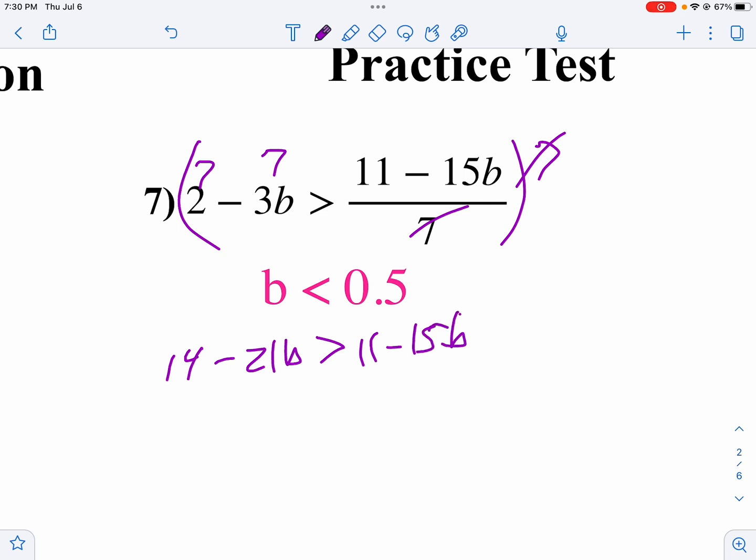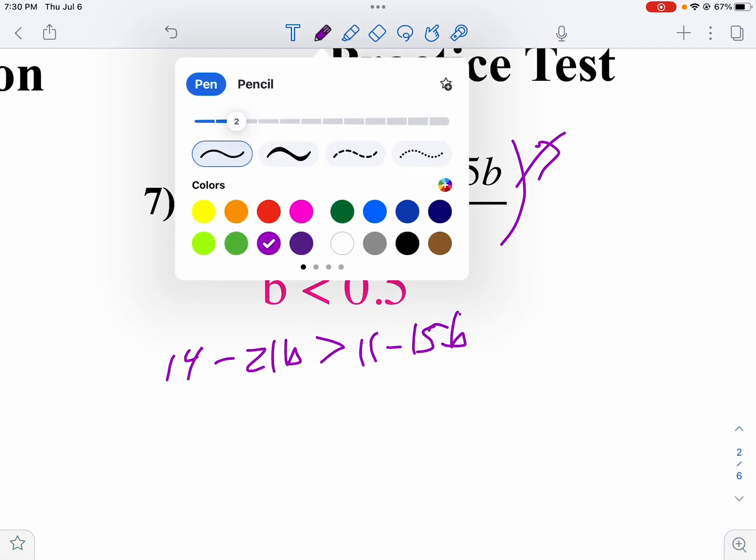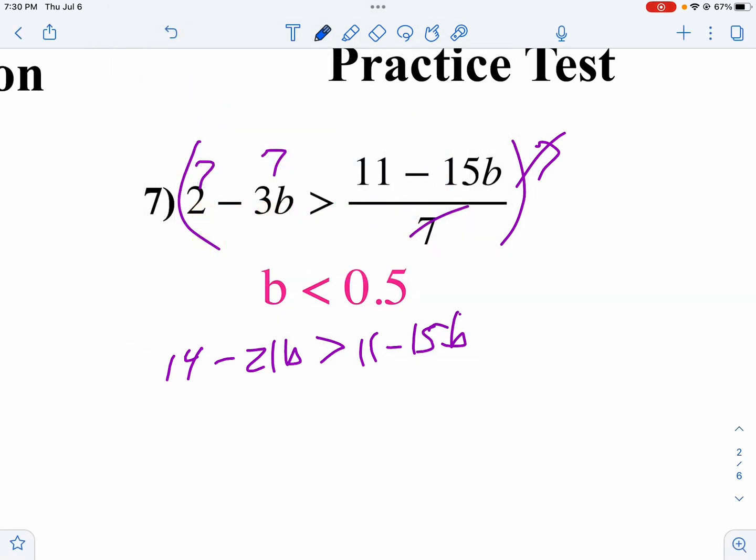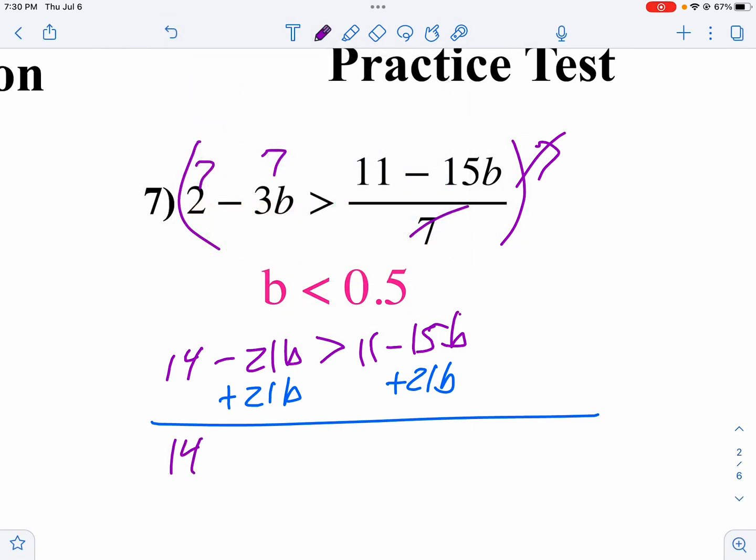Now, let's get all the b's on one side. I don't have to graph this, so it doesn't matter what side I put the b on. I'll move the smaller one, so I'll add 21b to both sides. So I'll bring down my 14. Notice negative 21b plus 21b gives us 0, is greater than 11 plus 6b.